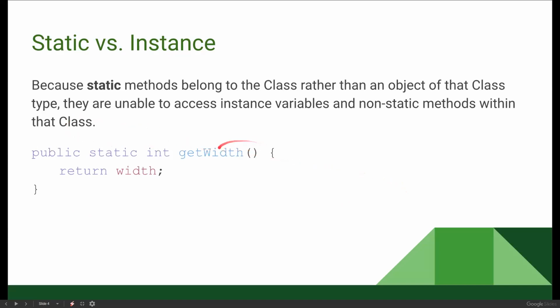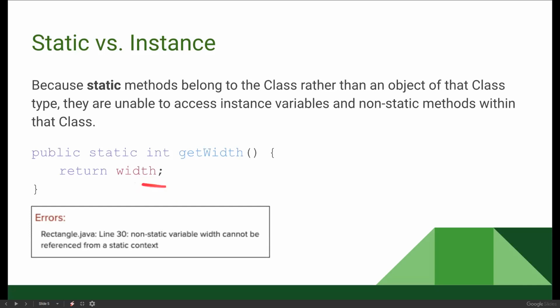If I were to change my getWidth method to be a static method, I would not be able to return the width instance variable from a rectangle because width is not going to be a static value. It's going to belong to a specific object. So I cannot access something from a specific object from the class as a whole.